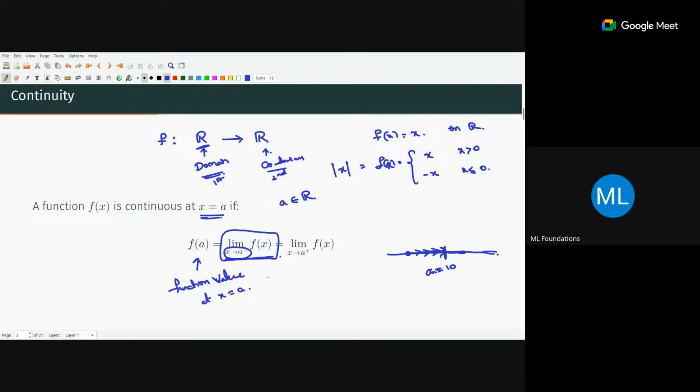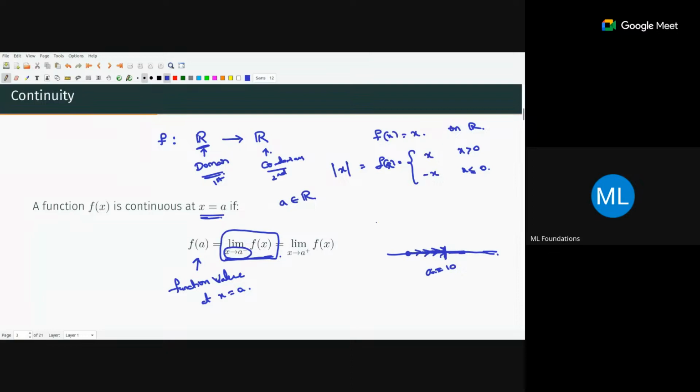If a is 10, x might start from 9.5, 9.6, 9.7, 9.8, 9.9, 9.95, 9.99, 9.999. Like this, it is approaching towards a. What happens to the function value? That is what limit x tends to a minus f of x means: what is the function value it takes when x approaches from the left side of a?